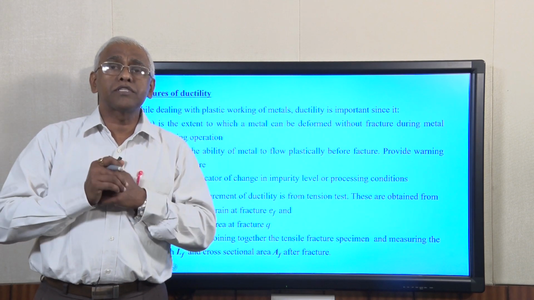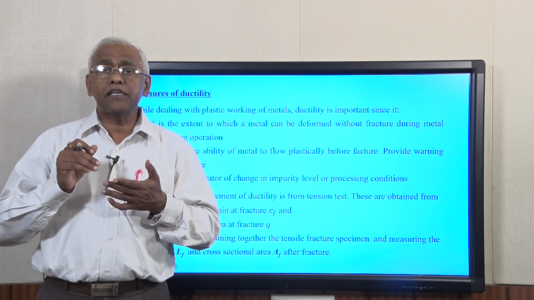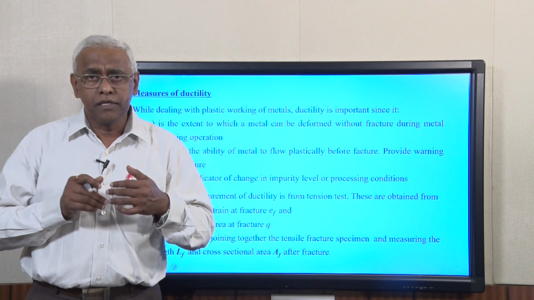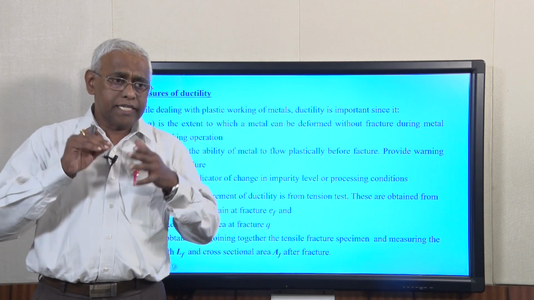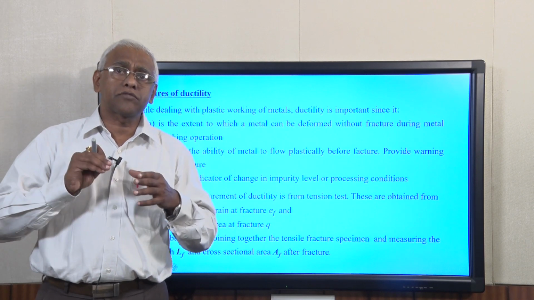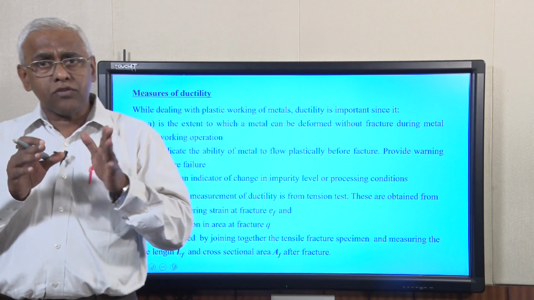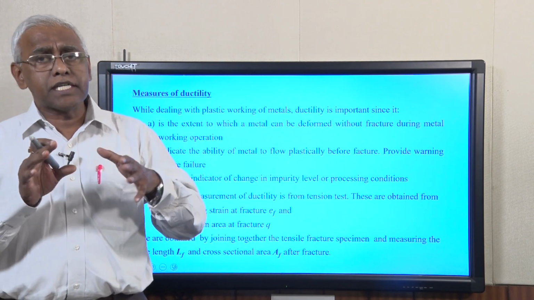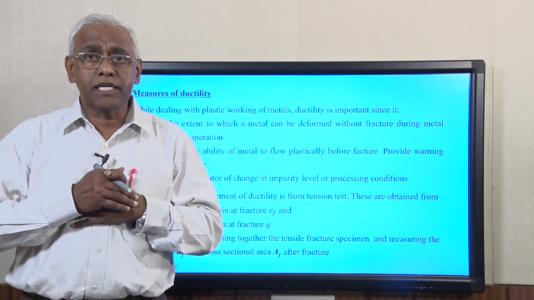You will not use a material which is brittle, because that brittle material will fail without giving any warning, whereas if it is a ductile material, before failure you will get an indication that the material is going to fail. Even when you are going to plastically deform a material, you should know to what extent the material can deform.